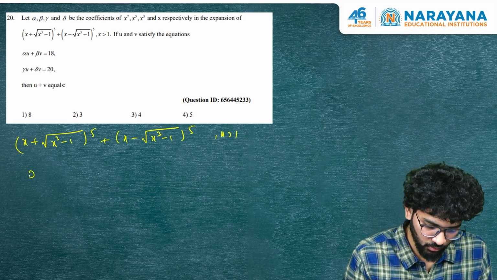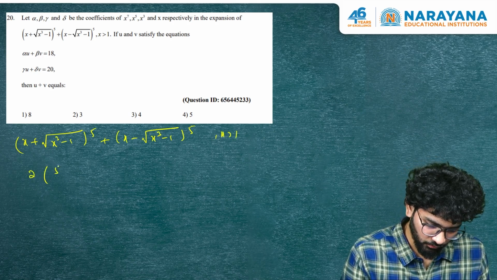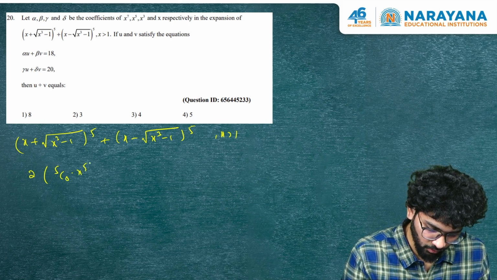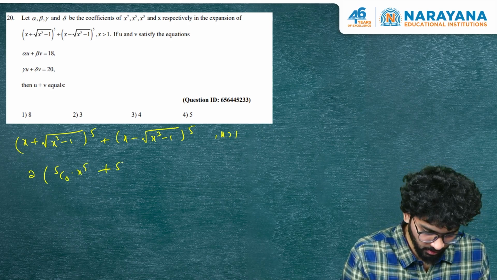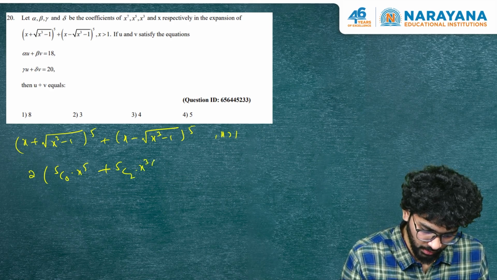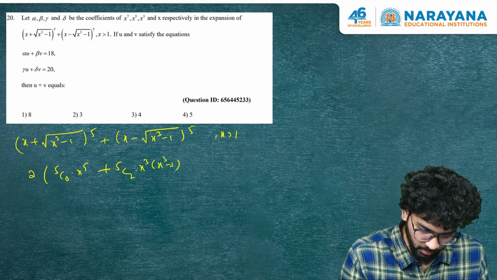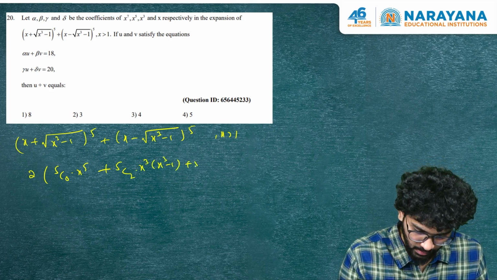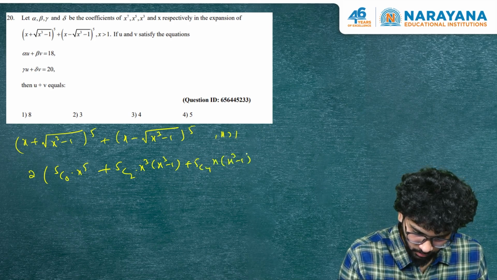So this will become 2 times of 5C0 into x power 5. That 5C1 term will be getting cancelled from both the expressions. The next term will be 5C2 into (x cube minus 1), because this whole square will be there. The next term will be 5C4 into (x cube minus 1) whole square.